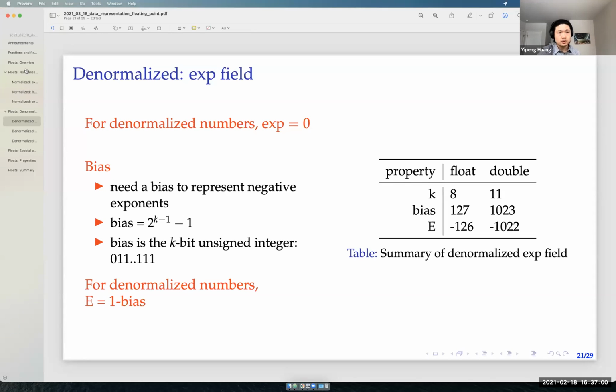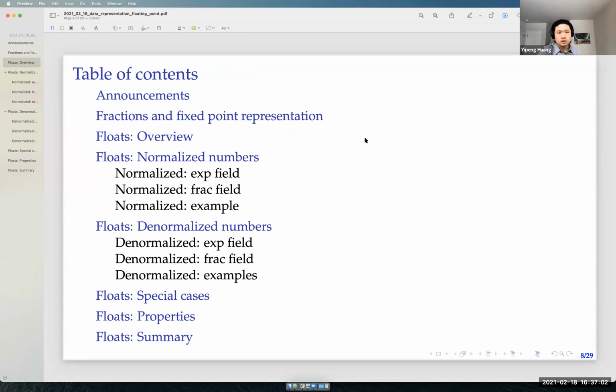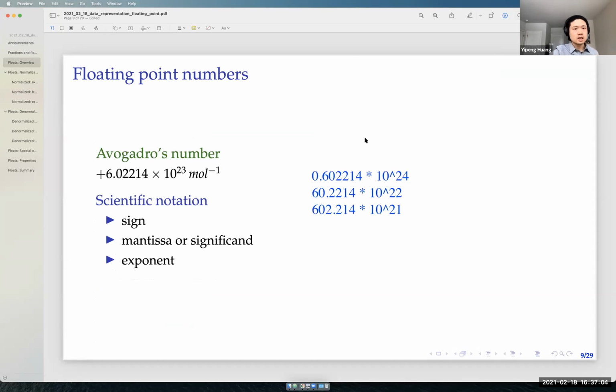And for floating point numbers, we do not use 2's complement or 1's complement for any of that. We just directly record the sign of the number, and we leave it at that. After we record the sign, the frac field and also the exp field are treated as if they were just unsigned numbers. So there's no such thing as 2's complement numbers involved here.